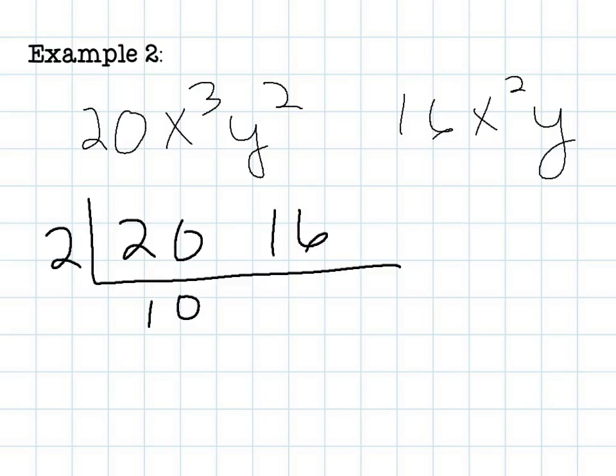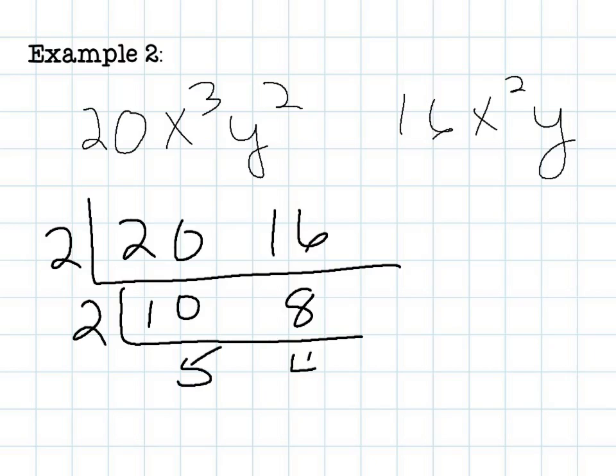Well, 2 goes into 20 10 times, 2 goes into 16 8 times. Continue till you're finished. 2 goes into 10 5 times, 2 goes into 8 4 times. Well, now we can see at this point that we've broken the numbers down as far as we can. So our GCF are the numbers that we divided by on the side. So your GCF for the numbers is 2.